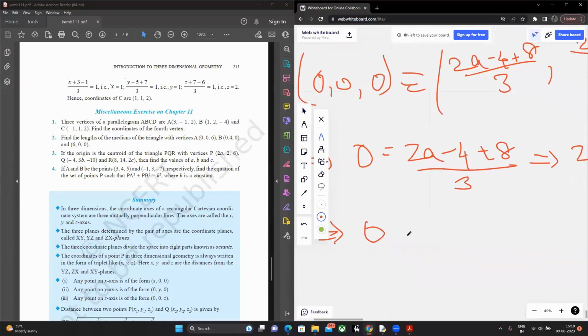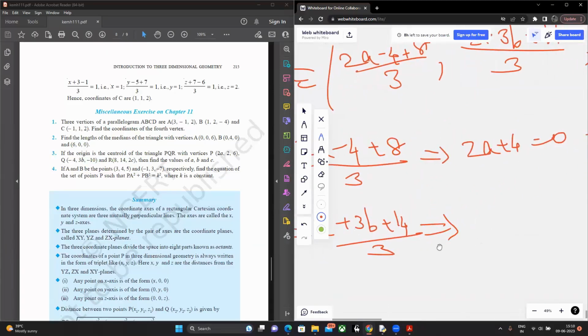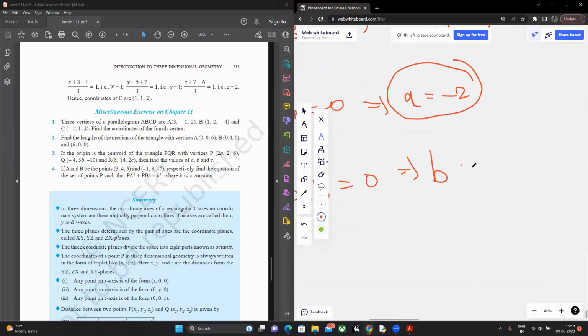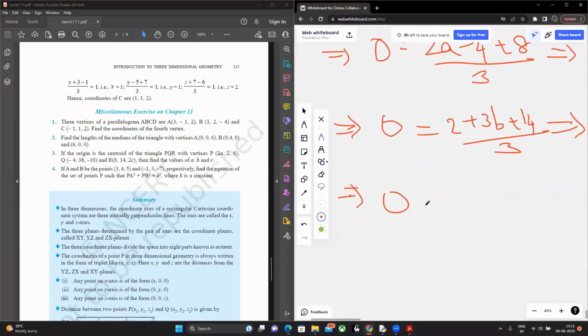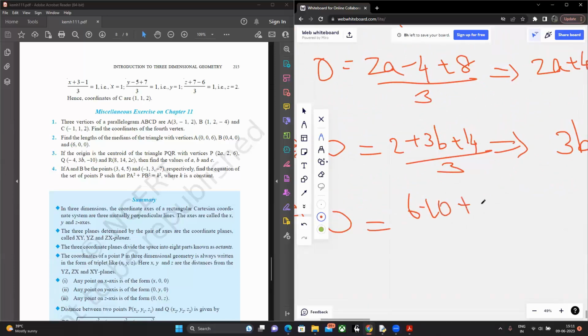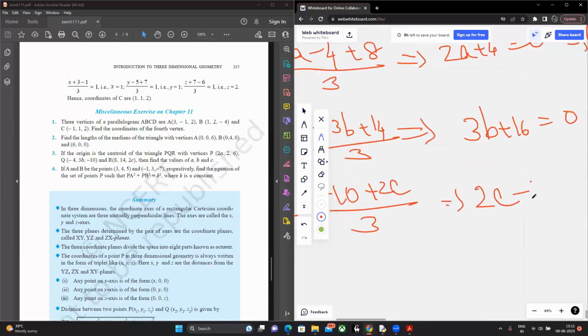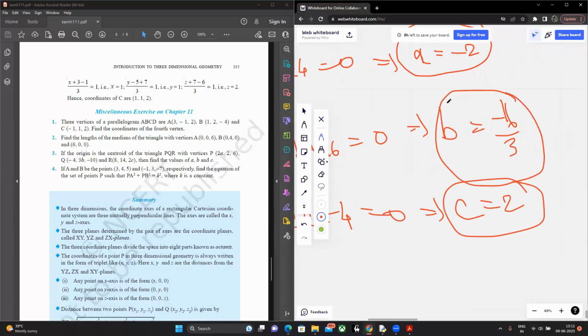Number 2 is 0 = (2 + 3b + 14)/3, which implies that 3b + 16 = 0, so b = -16/3. And you have the last equation, 0 = (6 - 10 + 2c)/3, which implies 2c - 4 = 0, so c = 2.